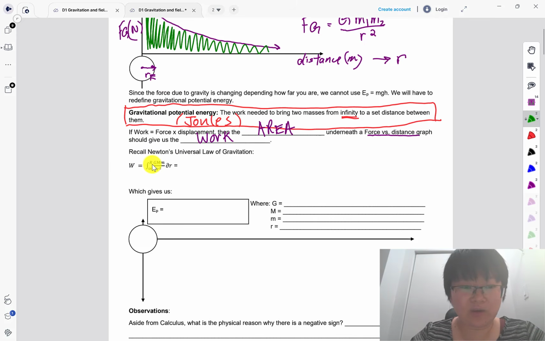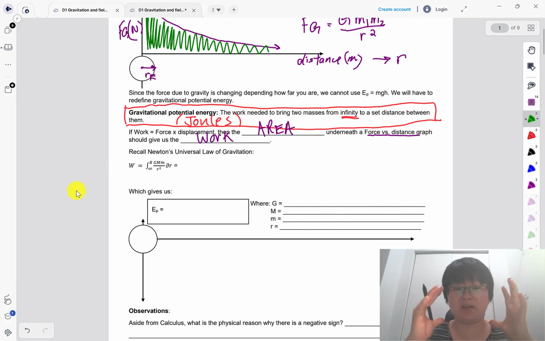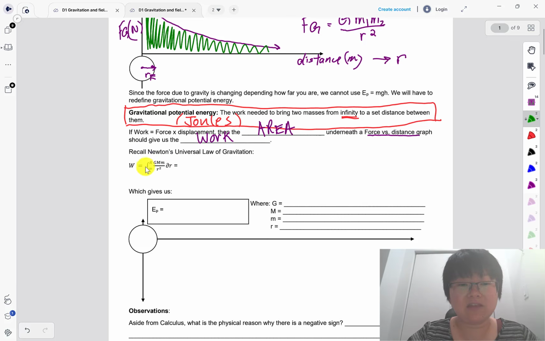And we're going to integrate this from a lower bound of infinity, so that's where they start off, up to R, which is the distance of separation between those two. So those are going to be our boundaries. The equation that I have here is Newton's universal law of gravitation, because this is the graph in which we want to find the area underneath.